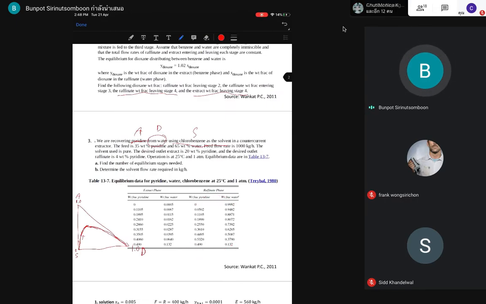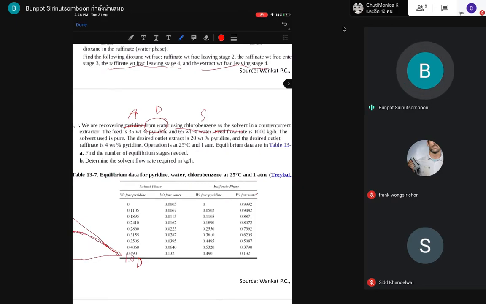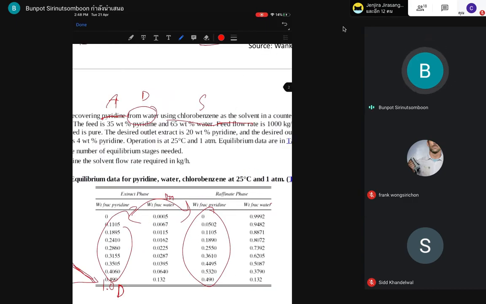What I do is I use this set and this set of data, because these two are in equilibrium. Like 1.1105 is in equilibrium with 0.0502.